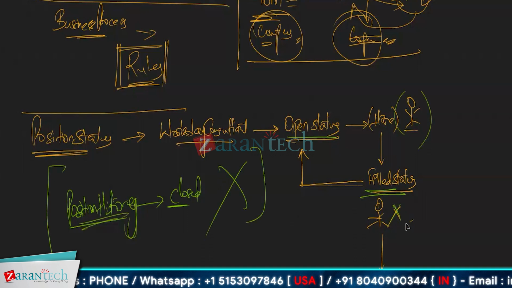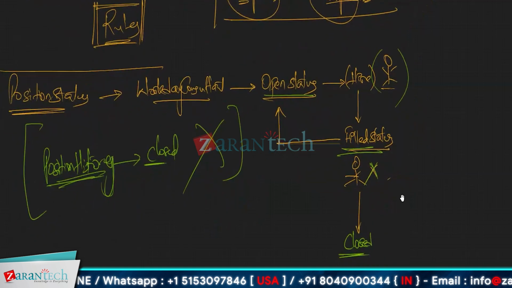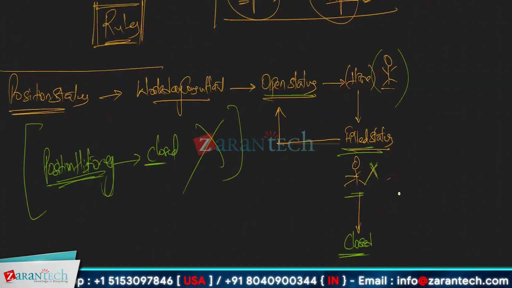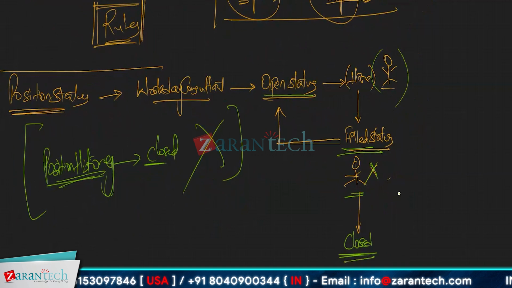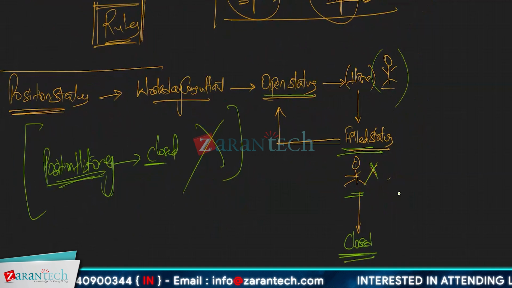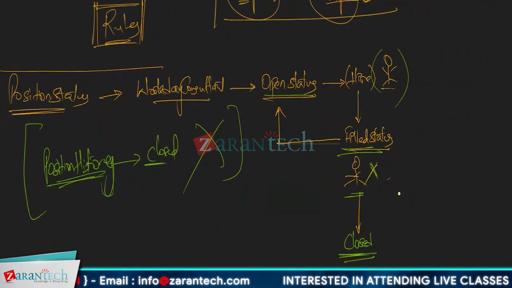Let's suppose they still want to close it. At the time of terminating an employee, you can also close that particular position. It will ask, would you like to leave this particular position open as is? If you select yes, then the position will be set as open. But if you say no, you can close this position.